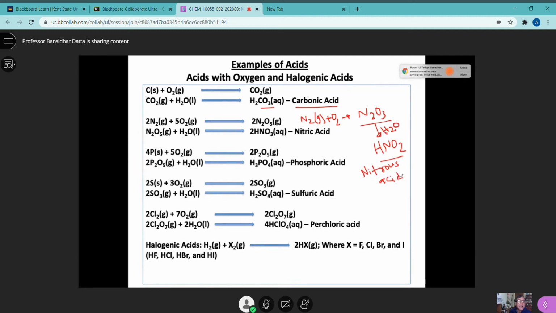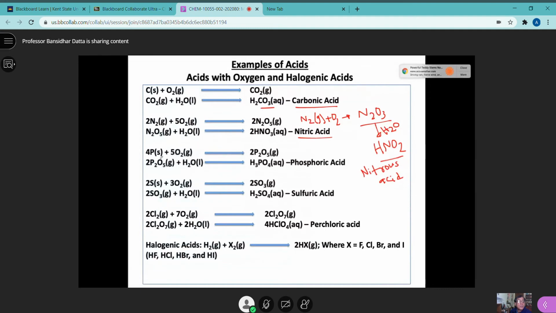If you have nitrogen pentoxide, dinitrogen pentoxide, it reacts with water and makes HNO3, nitric acid. That gives the nitrate ion, NO3 minus. We'll come back to those again. So the origin of nitric acid is the nitrogen, the origin of nitrous acid is the nitrogen, and the origin of carbonic acid is the carbon.